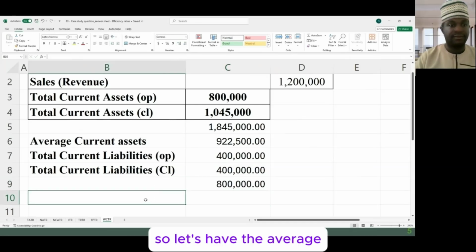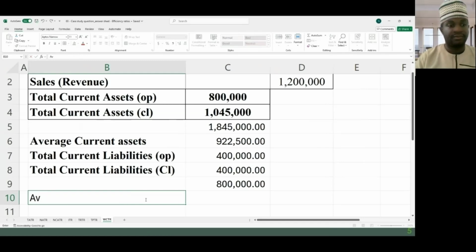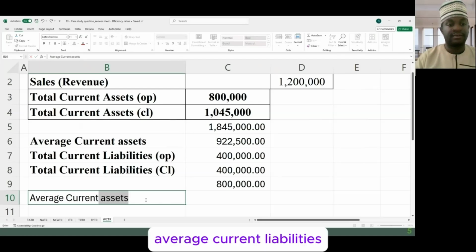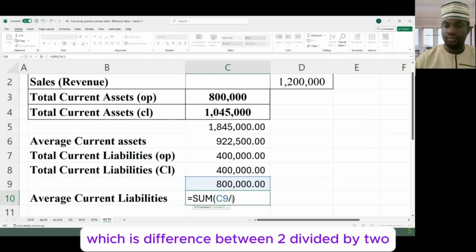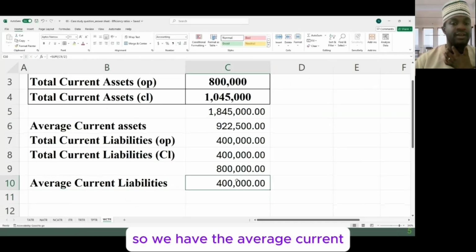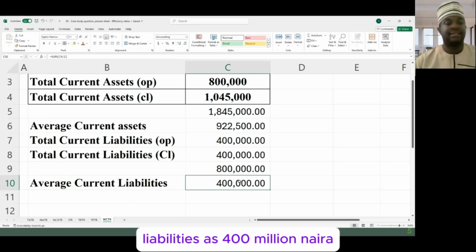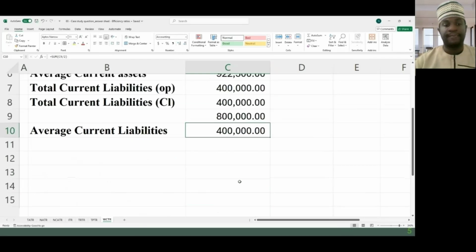So let's have the average current liabilities, which is the total divided by 2. So we have the average current liabilities as 400 million naira.